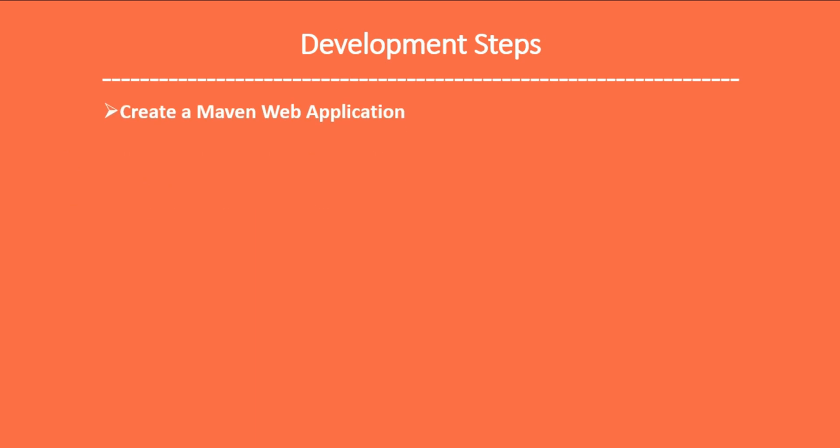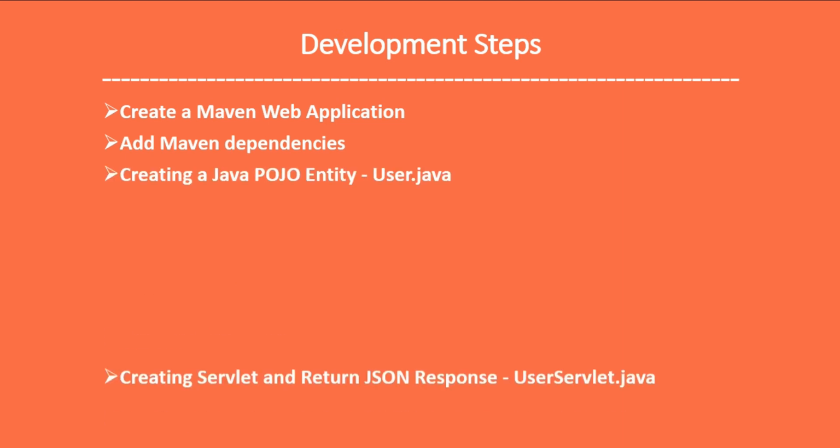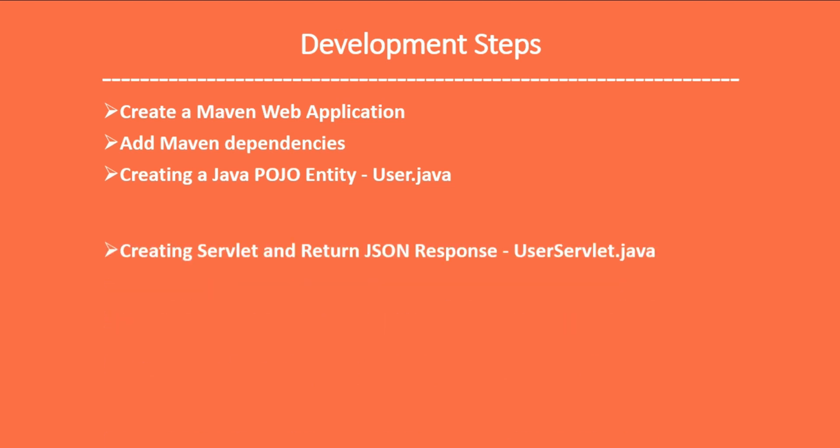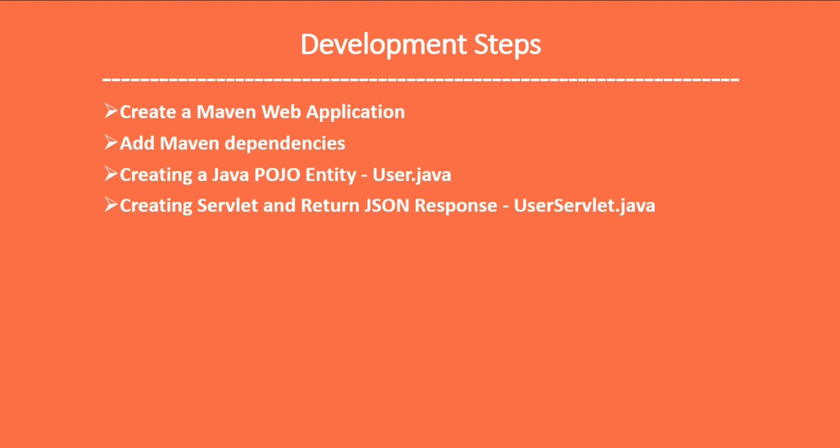First, we're going to create a Maven web application in Eclipse IDE, and we add all the required Maven dependencies. Next we create a Java POJO class, which we use to return as JSON to the client from the servlet. Then we create a servlet and write the logic in it to return users as a JSON string to the client.